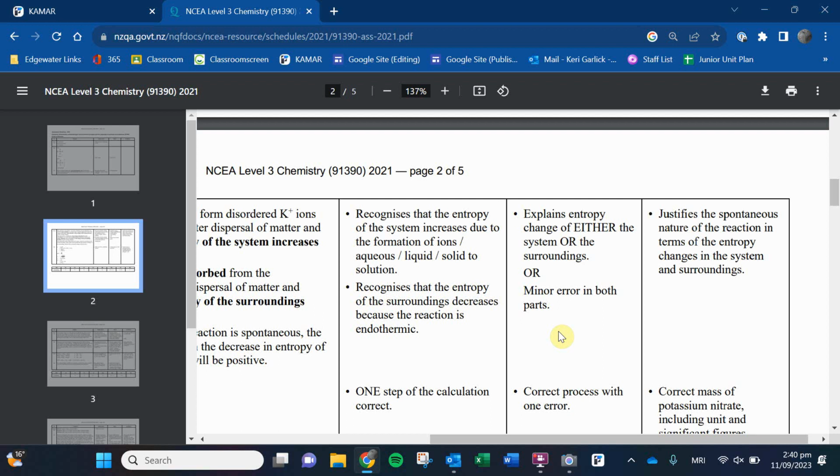So using your because, therefore, that sort of stuff, or however, it's another good word. The excellence is getting both the surroundings and the system itself. You can also get a merit point if you make a small minor error in your justification. So maybe you do talk about both parts, but you make something that's a little bit, okay? So that's how this point breaks down.